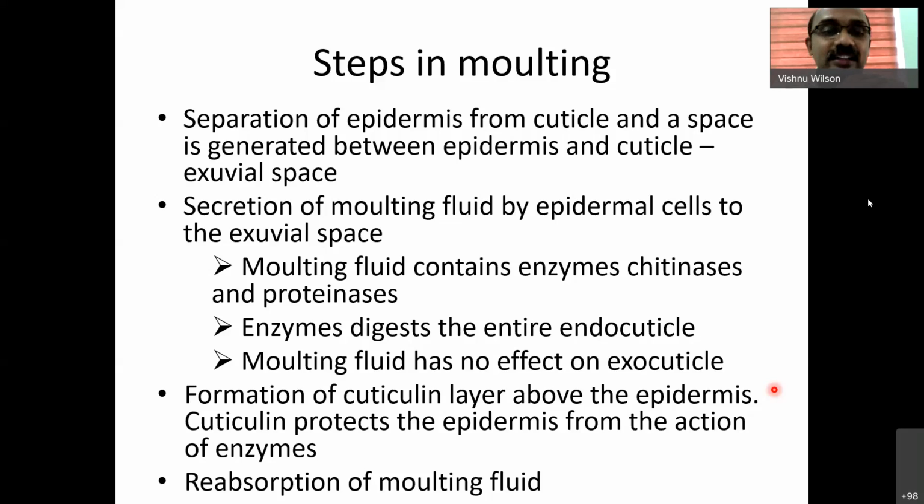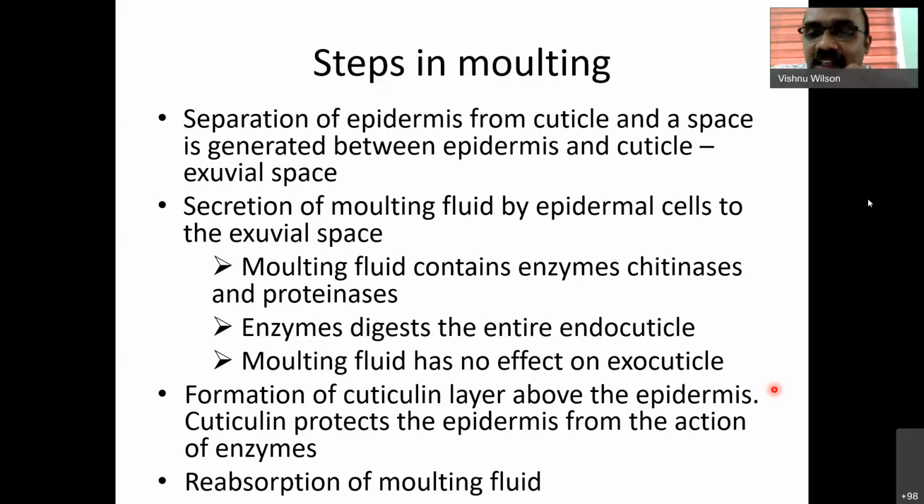That fluid secreted by the epidermis is called the molting fluid. And this molting fluid contains a number of enzymes such as chitinases and proteinases.